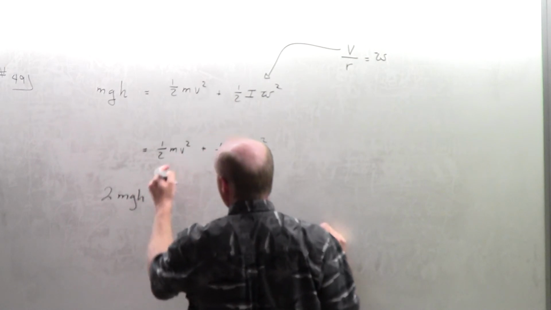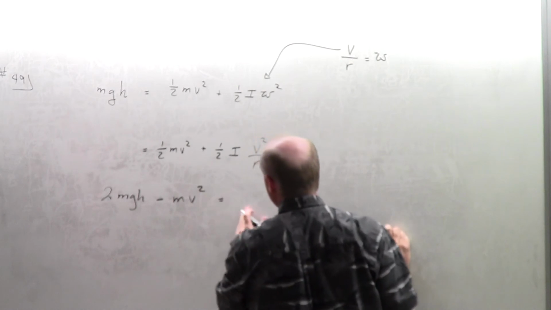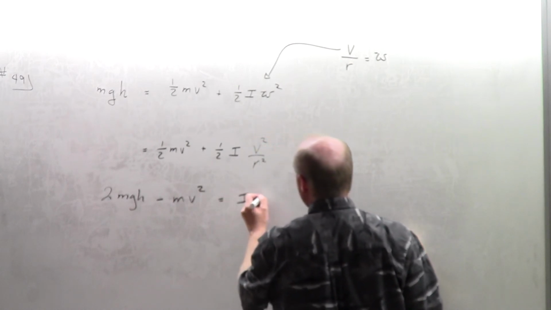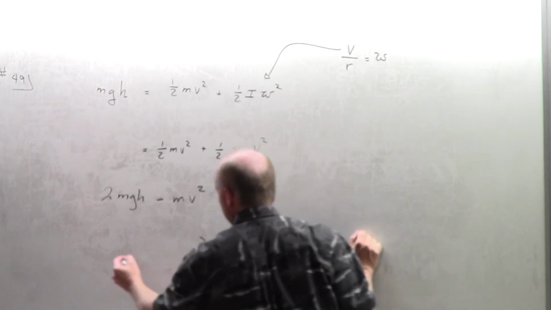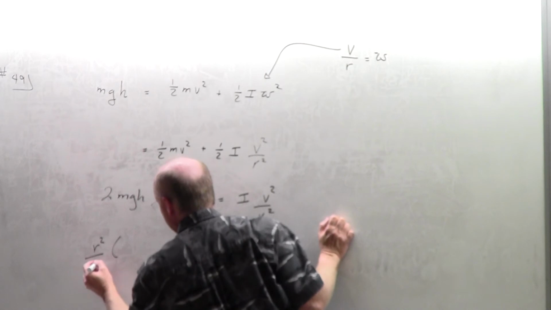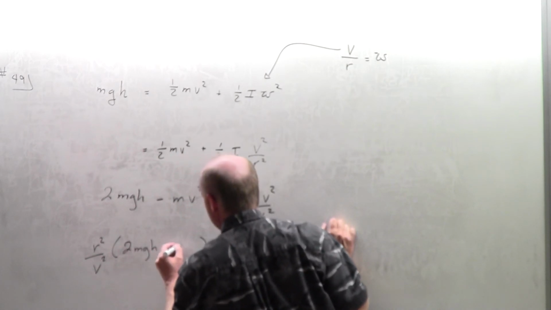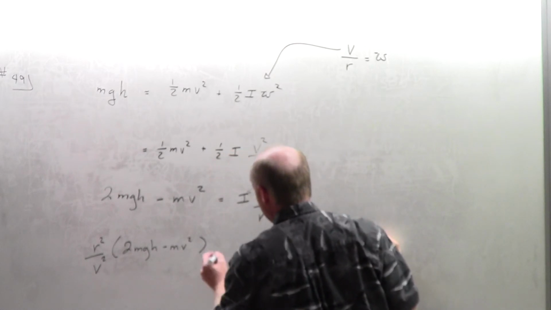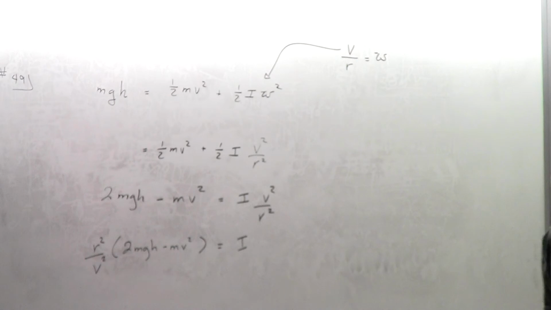But once I do that, I will then subtract the mv squared and then have I v squared over r squared. And so then, if I bring the r squared and the v squared over, 2mgh minus mv squared equals I, and I get my little formula.